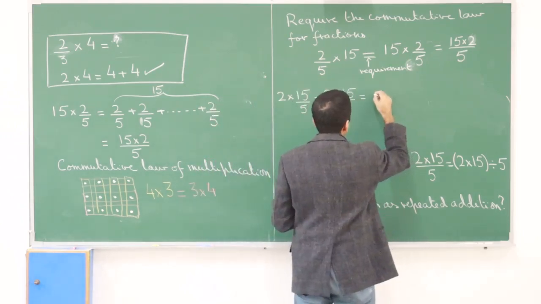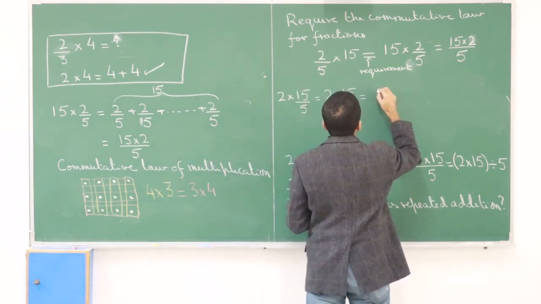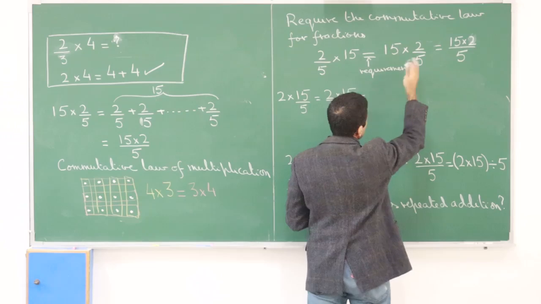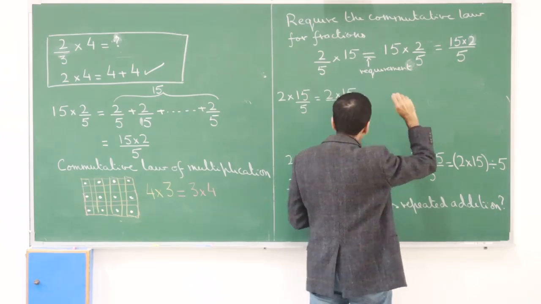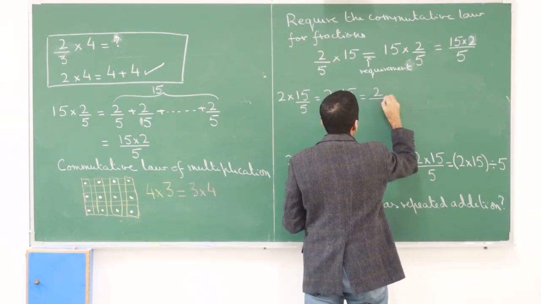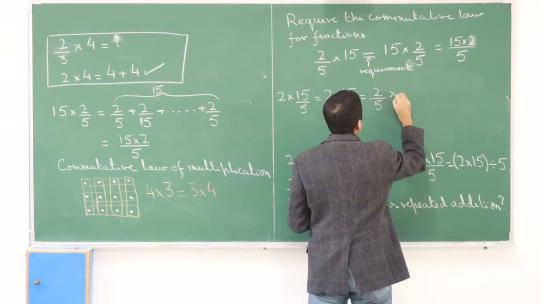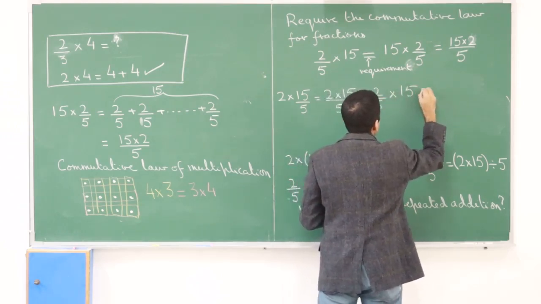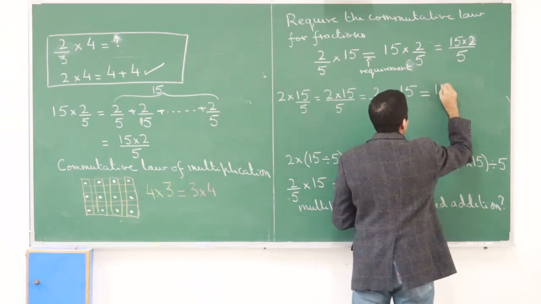So this is equal to 15 2s, or 2 15s, I'm ignoring, but you're absolutely right. So this is also equal to 2 over 5 times 15, which is also equal to 15.